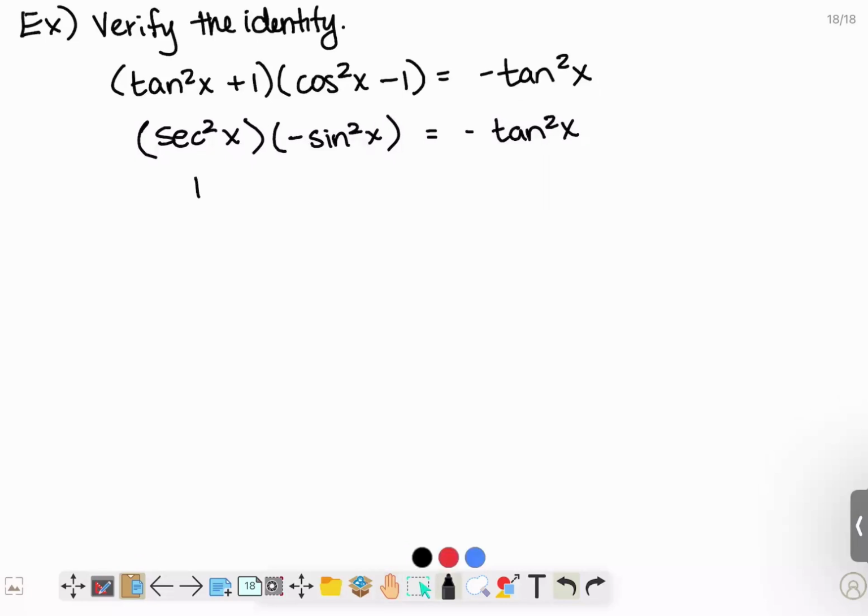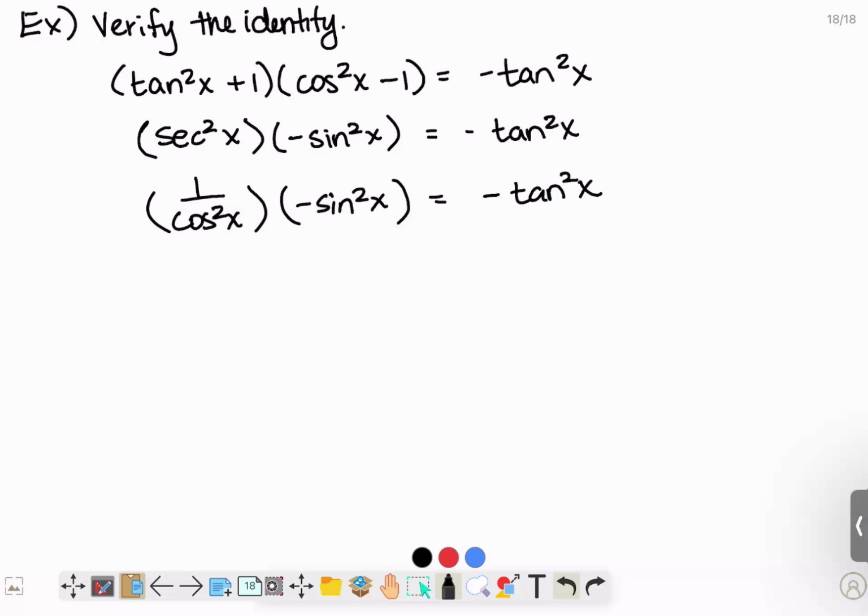So this is going to be 1 over cosine. And I'm not changing the sine squared because I want this left side to be in terms of sine and cosine. I don't want to mix up the reciprocals and the original functions.